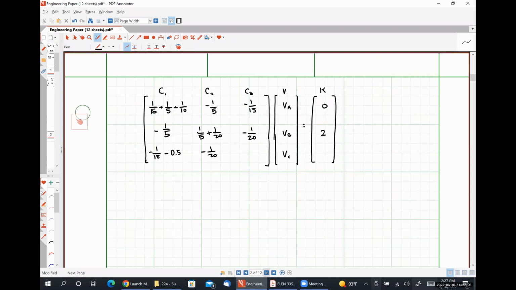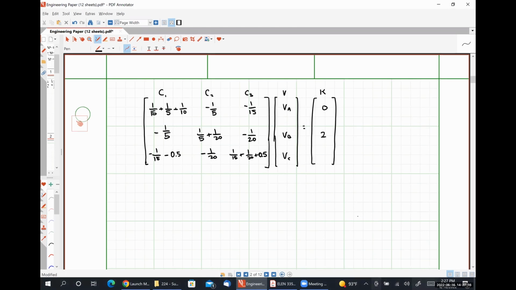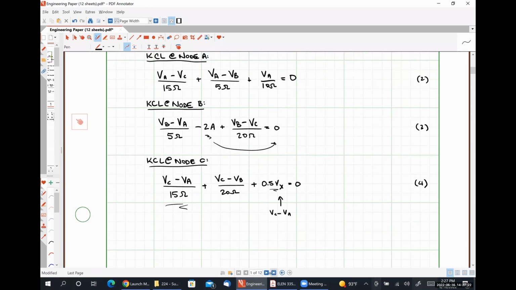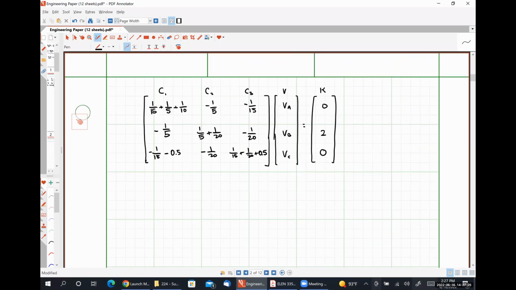So 1/15 plus 1/20 plus 0.5. And just double checking, I believe my constant term is 0, but I just want to make sure. Yes, I don't see any constant terms here. So we would put a 0 here.